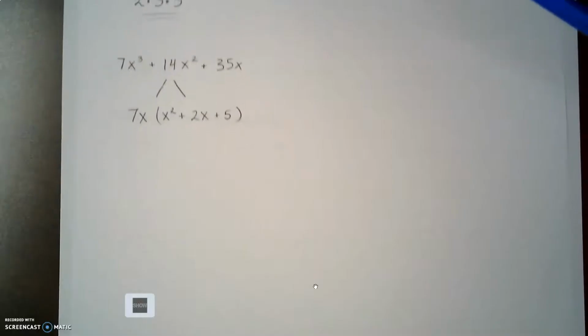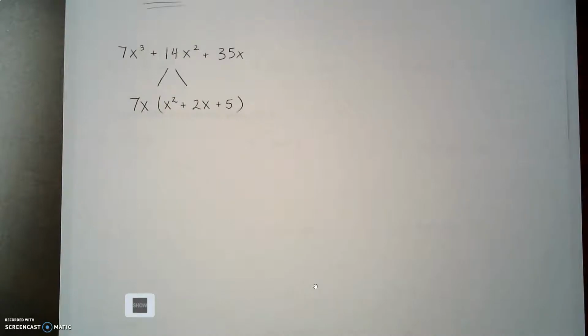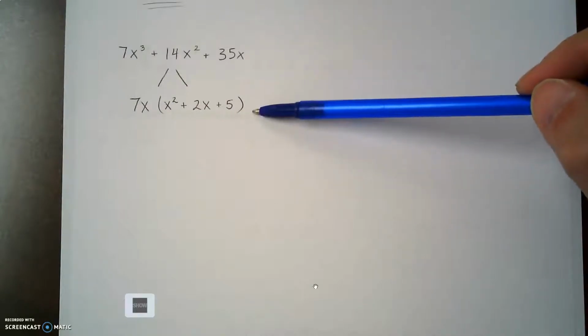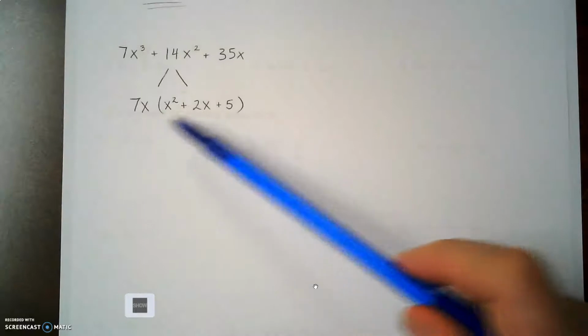So for instance, and I'll get to the process in a second, this is just what we are actually doing. We'll start with a polynomial, and our answers are going to look like the problems in the assignment we've already done, multiplying a monomial times a polynomial.